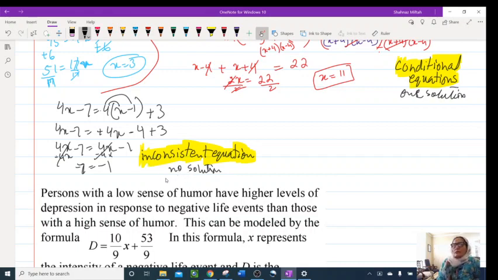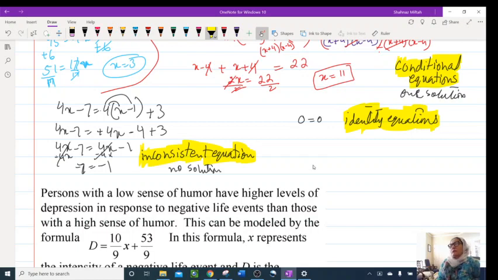Okay, now there is one more kind of equation, which is called an identity. Identity means it's true for all real numbers. Like for example, I get 0 equals 0, or I get some other number equal to the same number. If I get something like this, it's an identity equation, and I'm getting the same thing back.